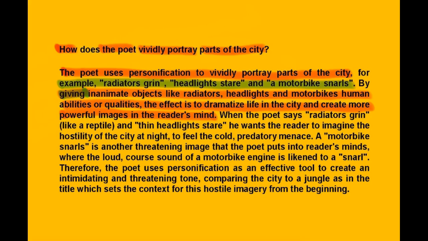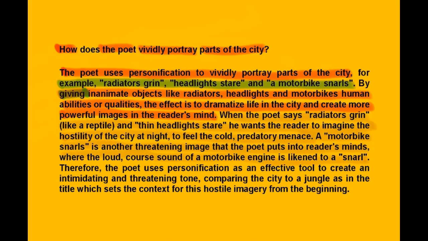Let's go to the next section, which is when the poet says radiators grin like a reptile and thin headlights stare, he wants the reader to imagine the hostility of the city at night, to feel the cold predatory menace. A motorbike snarls is another threatening image that the poet puts into readers' minds, where the loud, coarse sound of a motorbike engine is likened to a snarl.